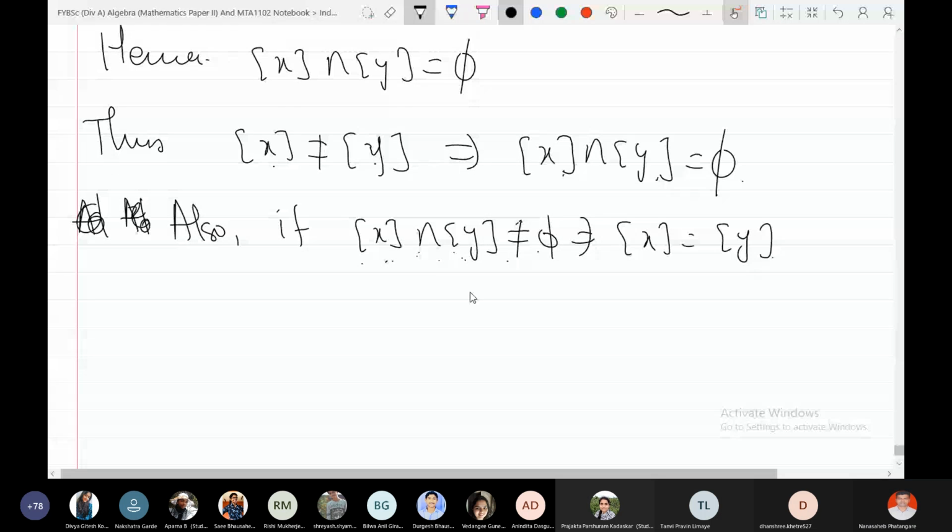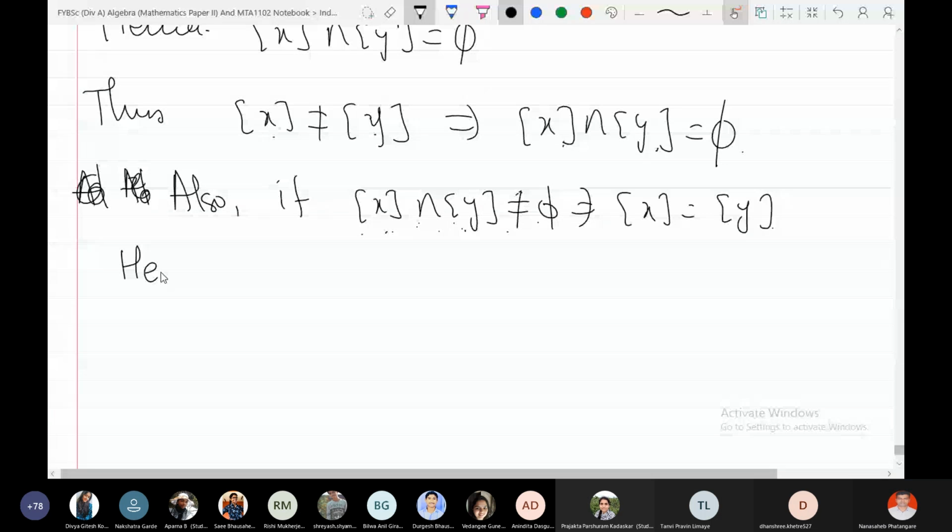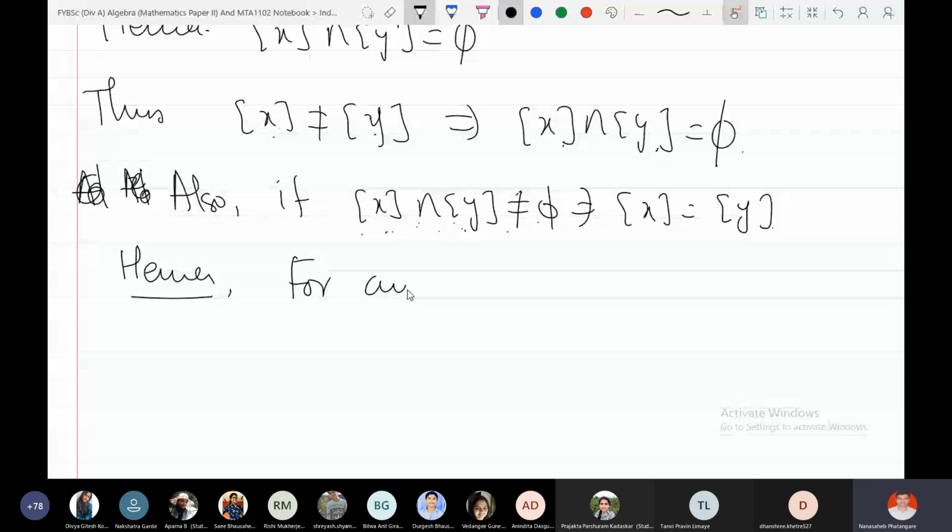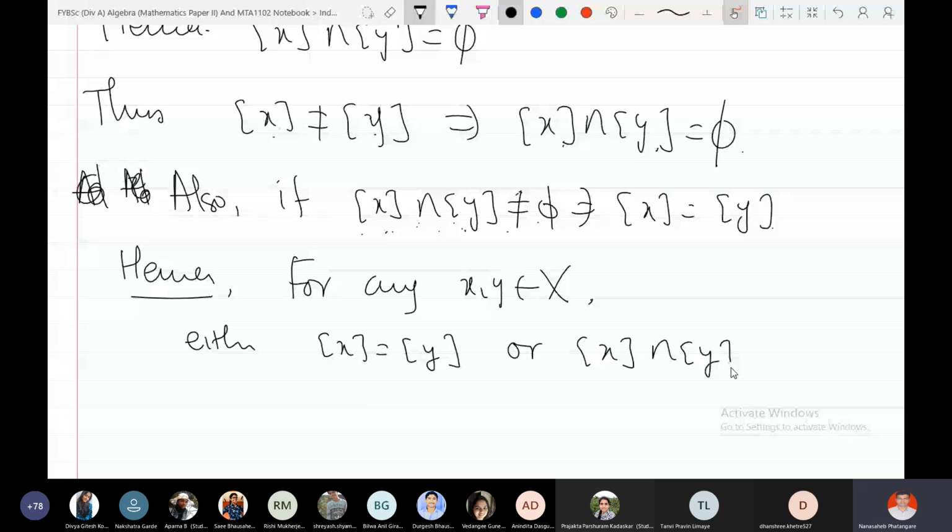Right. Hence, what is the final conclusion? No matter what x and y you select from set X, either their classes are exactly the same or the classes are disjoint. Exactly the same means completely matching.